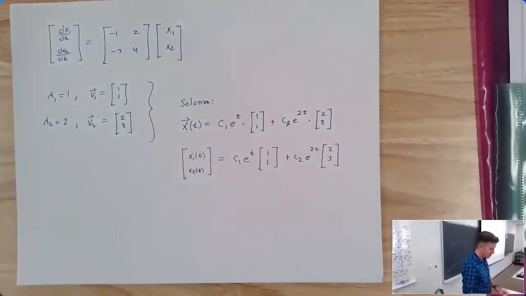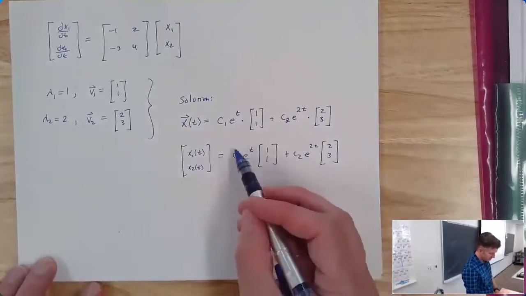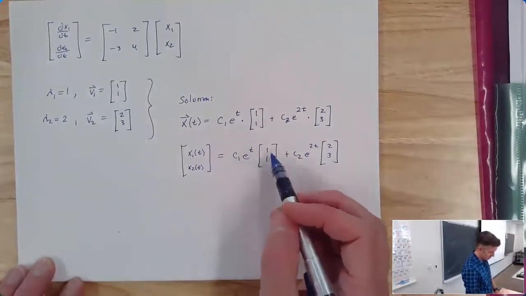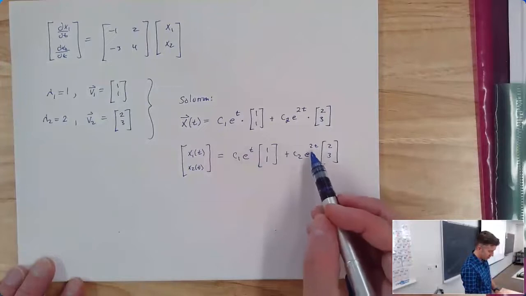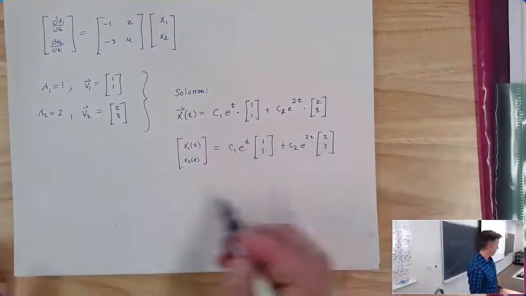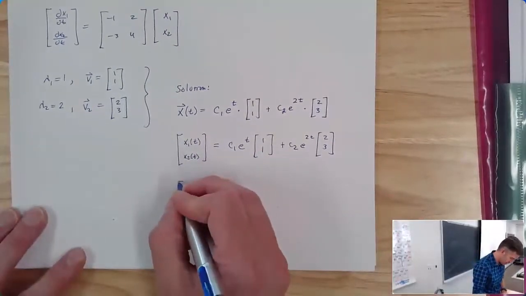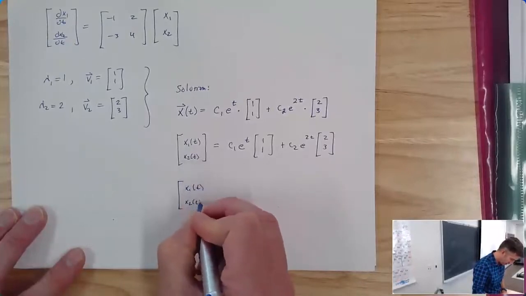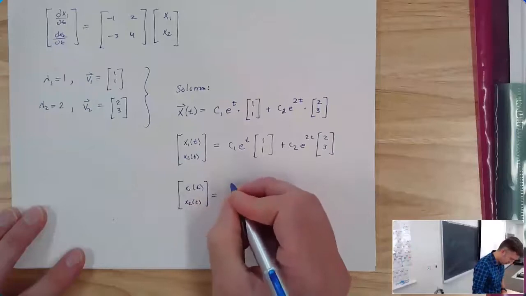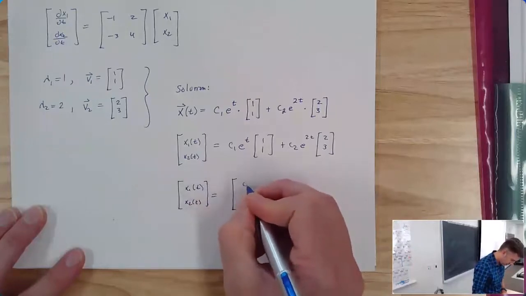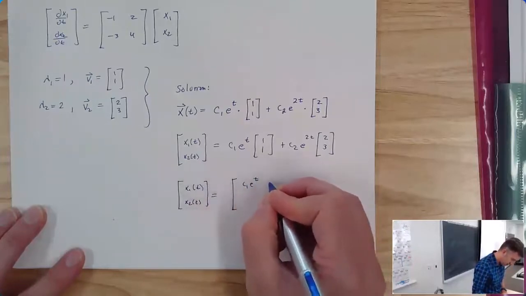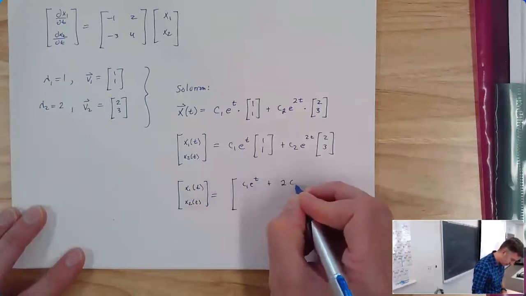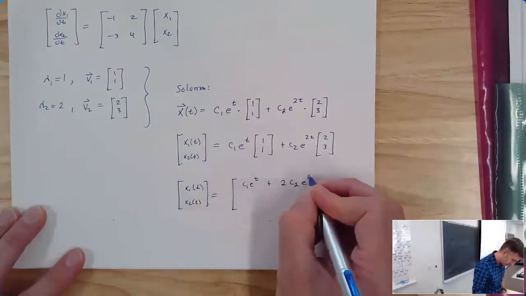And then I'm actually going to distribute these things, c1 e to the t into this vector and c2 e to the 2t into that vector and add them together. So I can really write this as x1 of t, x2 of t equal to c1 e to the t plus 2c2 e to the 2t.